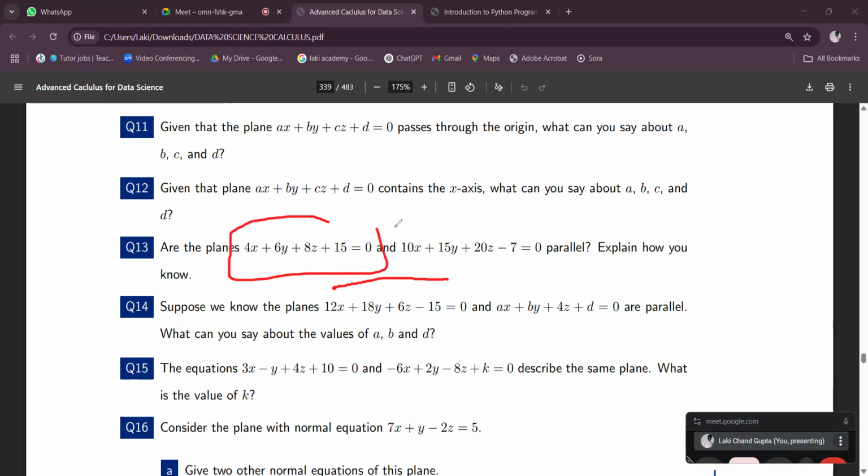If this is parallel to this, oh sorry, can you tell, are they parallel?